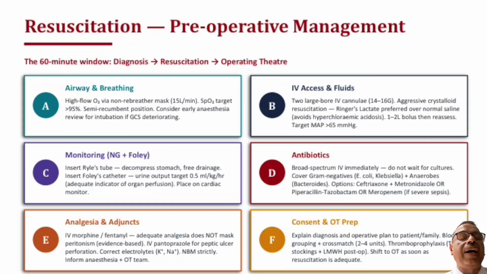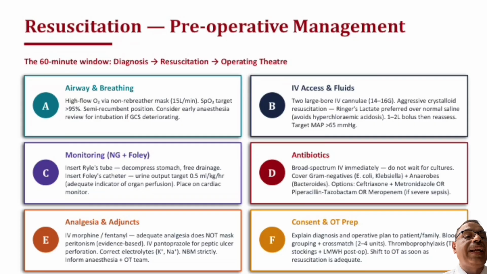Urine output should ideally be 1 ml per kg per hour, which indicates adequate renal perfusion. Minimum urine output target should be 0.5 ml per kg per hour. That means if a person is 70 kg, a minimum urine output should be 35 ml per hour. Ideal should be 70 ml per hour. Always place the patient on NIBP, non-invasive BP monitoring, and cardiac monitor.